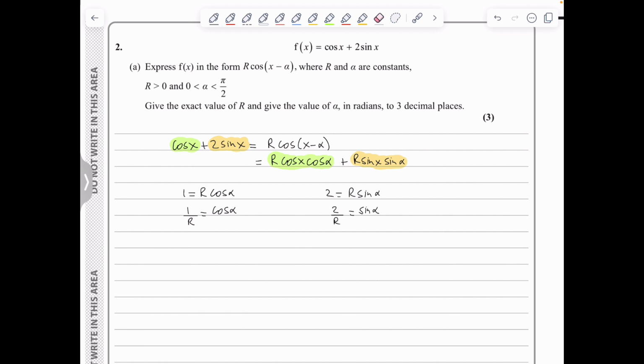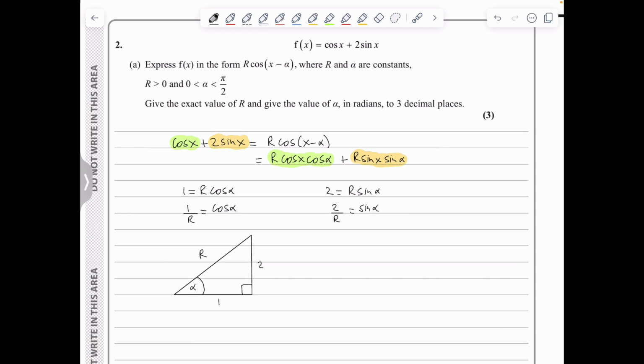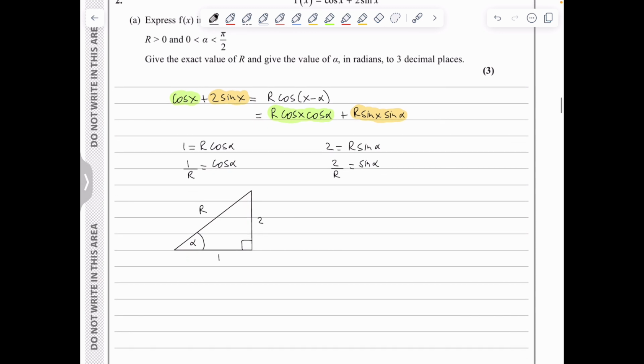What I could then do is simply draw a right angle triangle. The angle alpha is at the base. We've got the cosine of alpha to be 1 over r, so it's adjacent over hypotenuse, and the sine is opposite over hypotenuse. So we can easily find r through Pythagoras theorem.